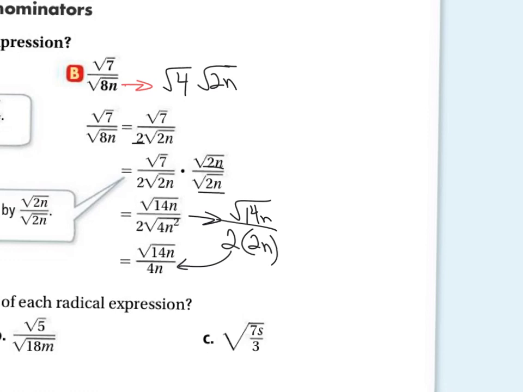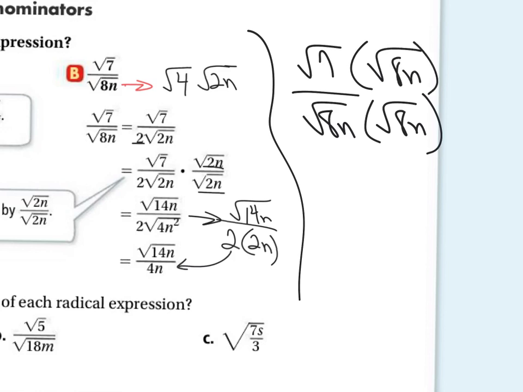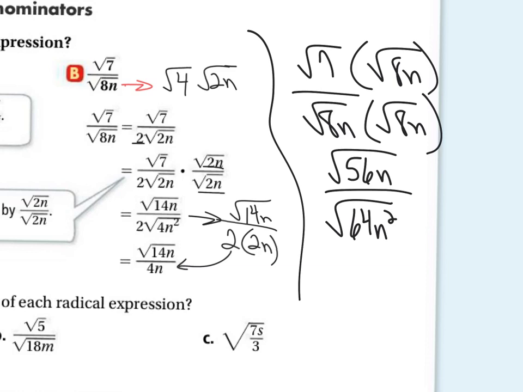Another option you have, if you didn't simplify anything ahead of time, you could just say, I'm going to multiply by what the denominator was. And if you do that, that would be 8n.